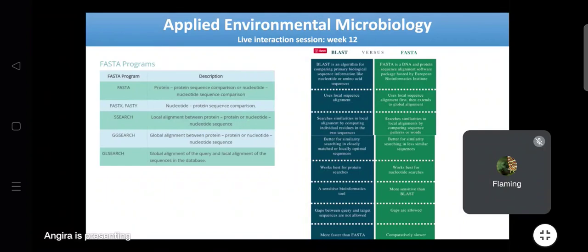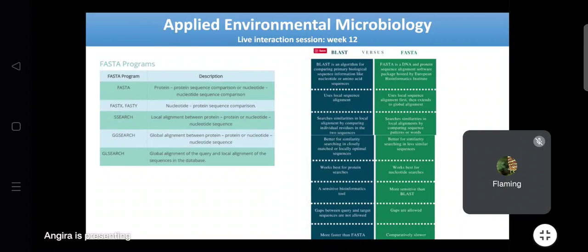Now, since we got to know about BLAST and FASTA, let's check what is the basic difference between BLAST and FASTA. BLAST, as we said, is an algorithm for comparing primary biological sequence information like nucleotide or amino acid sequences, whereas FASTA is a DNA and protein sequence alignment software, hosted by the European Bioinformatics Institute.